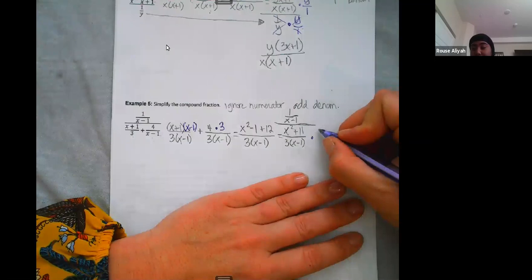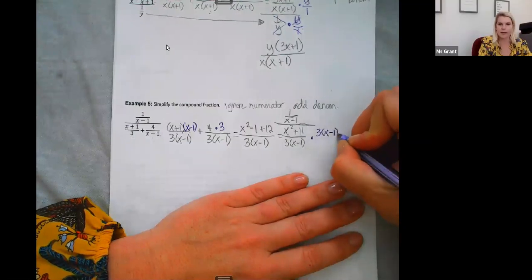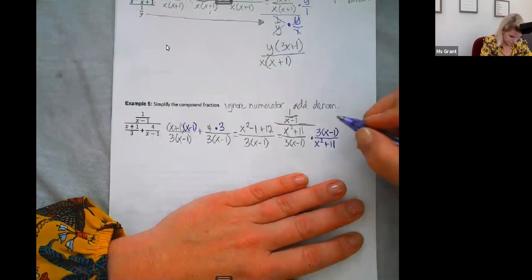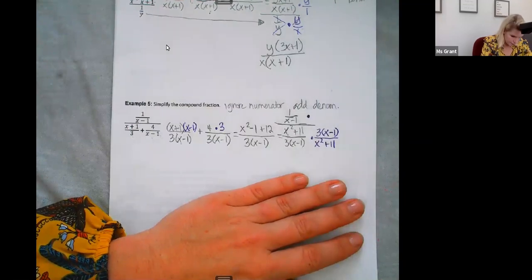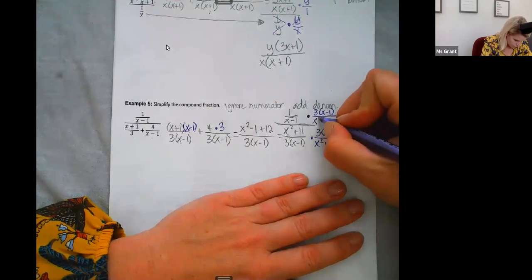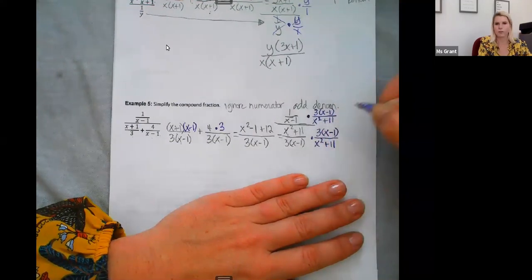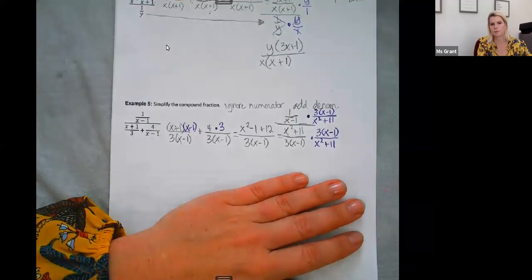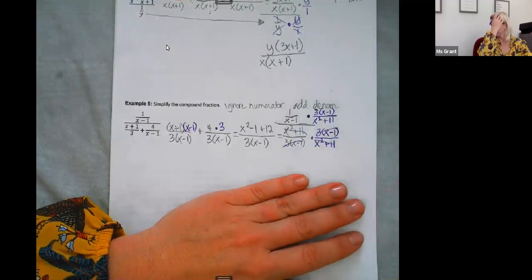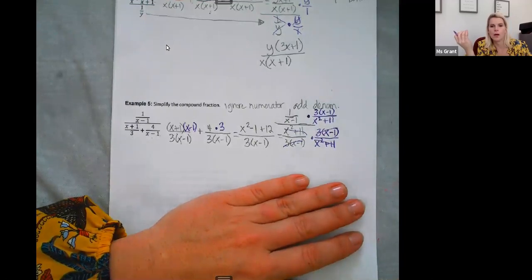Here we go. Reciprocal, 3 times x minus 1 over x squared plus 11. Whatever I do to the bottom, I do to the top. My denominator is going to cross cancel out. Here's what I got.